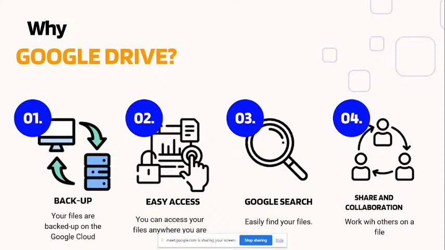But with Google Drive and all the Google apps, Google Sheets, Google Slides, which we'll be looking at in our next classes, you don't have to do that. What happens is that we can both, not just two people, any number of people can share and work together on a document or a file in real time from wherever they are, and you see the changes and everything. So I think that's awesome.